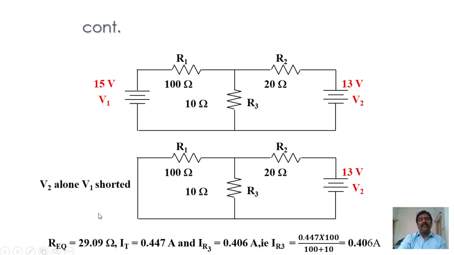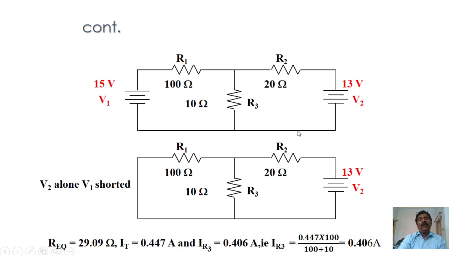The total current of the circuit is 0.047, into the resistance of the other branch. Now I am looking from here, so the current flows like this. This is the total current IT, 0.047. To calculate IR3, the total current into the other branch resistance divided by the sum of the resistances gives IR3.